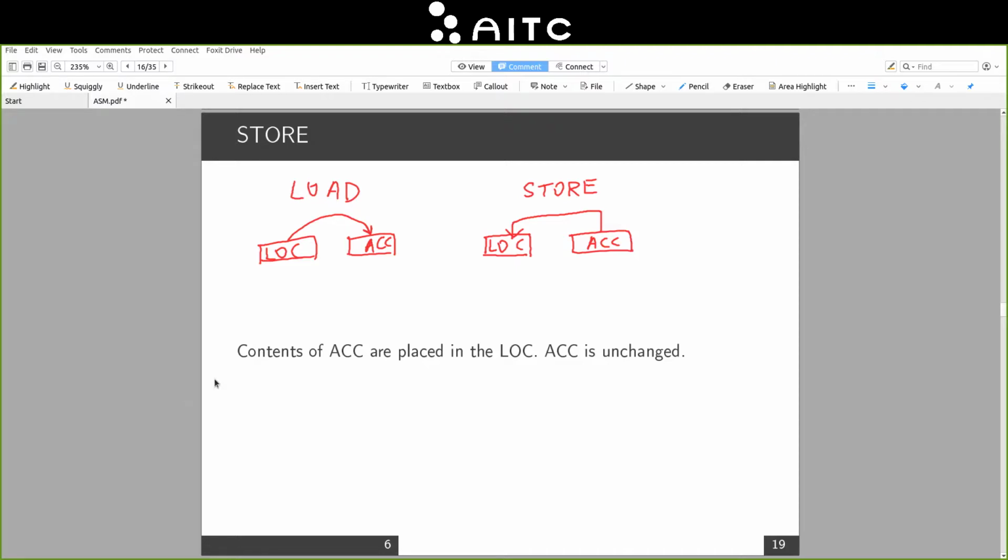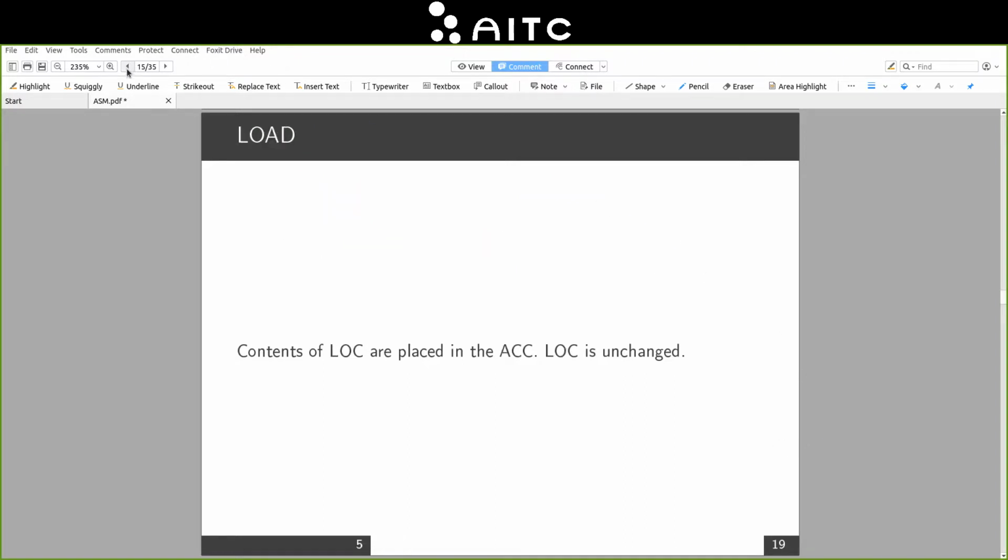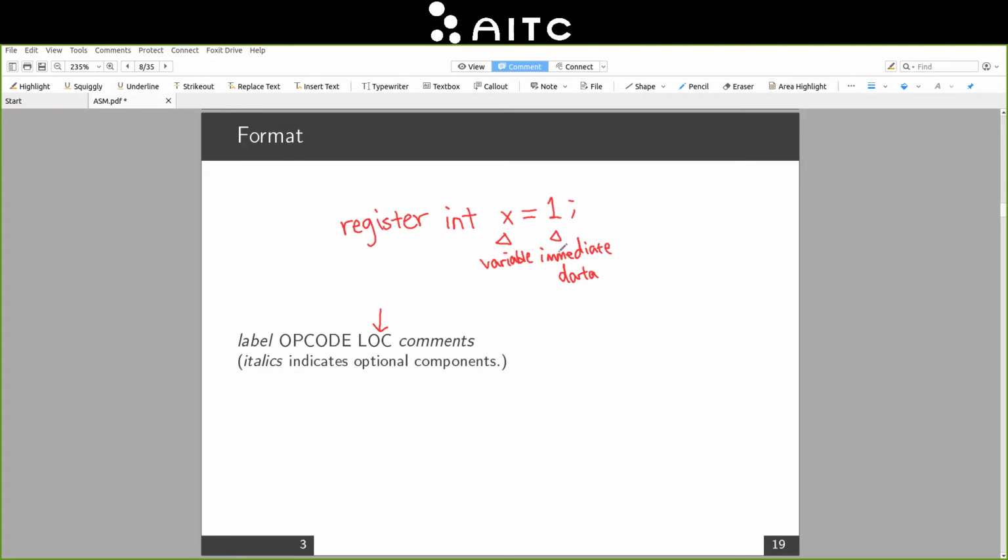It is a little misunderstood for me. Just look at the example before. 1 is the immediate data and X is the ACC. You can understand by this. So it is a given number.